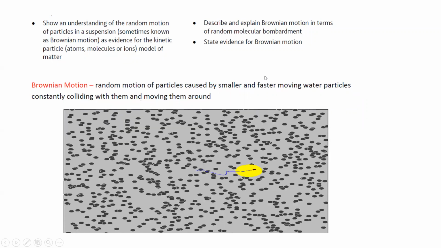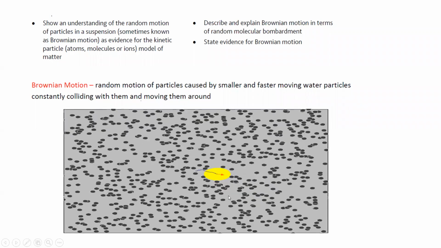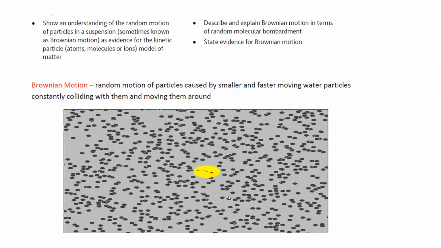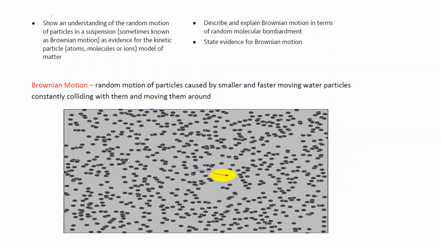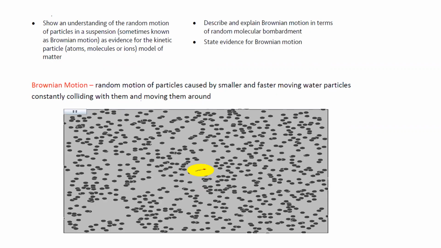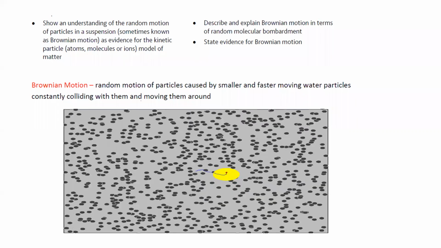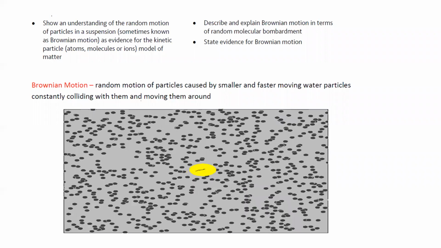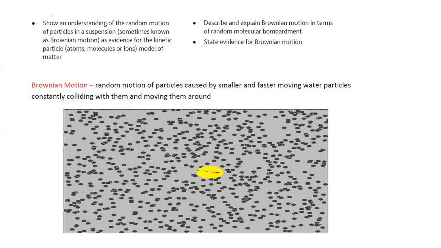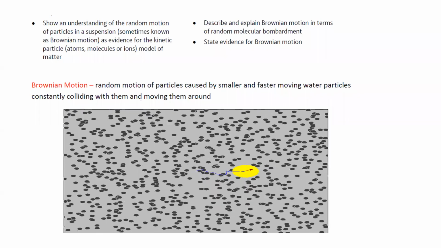Is the concept of Brownian motion clear? Any doubt? So the random and zigzag motion of the molecule simply refers to Brownian motion.